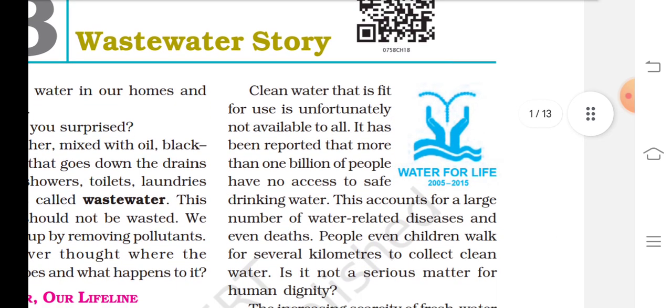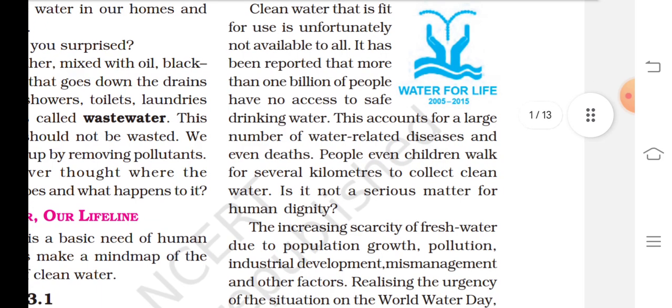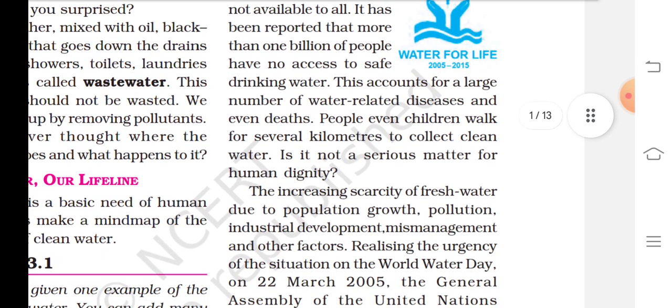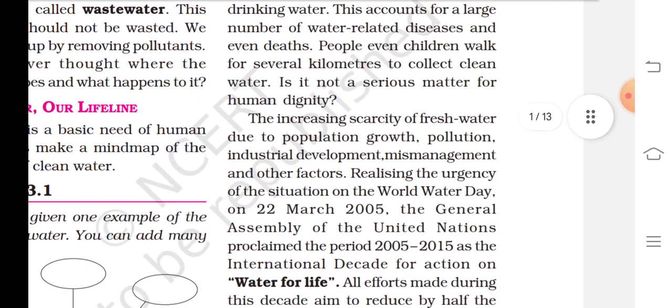Clean water that is fit for use is unfortunately not available to all. It has been reported that more than 1 billion people have no access to safe drinking water. This accounts for a large number of water-related diseases and even deaths.